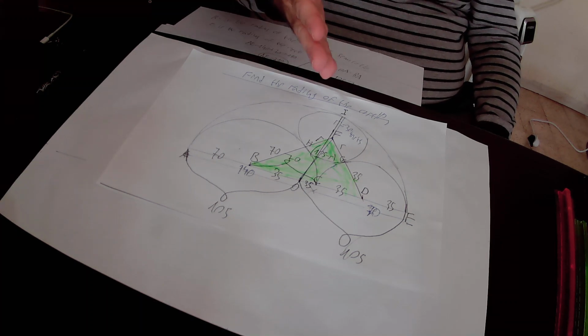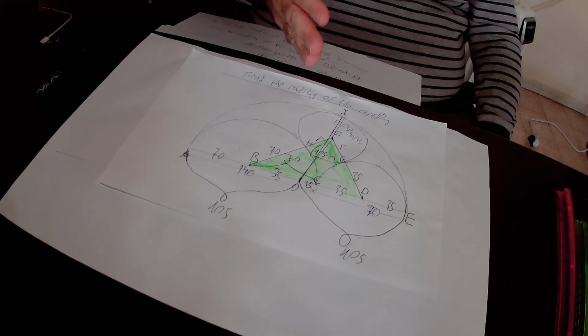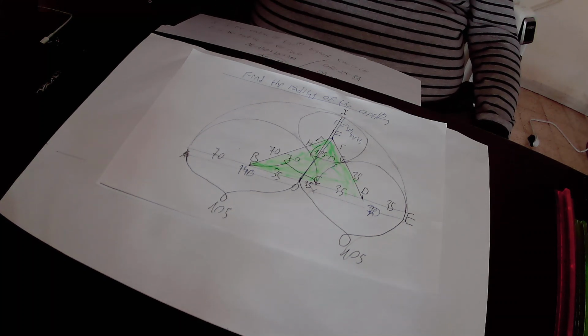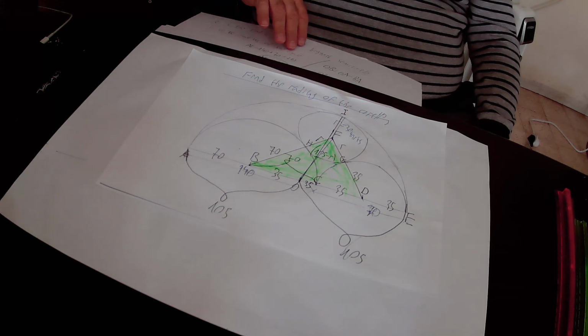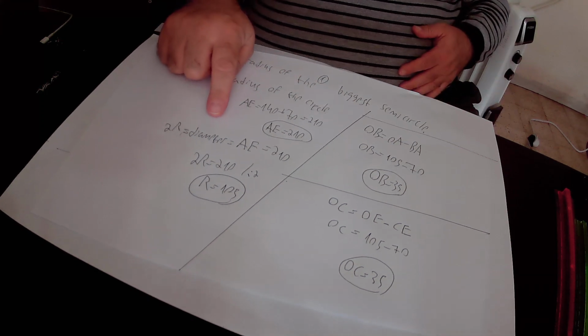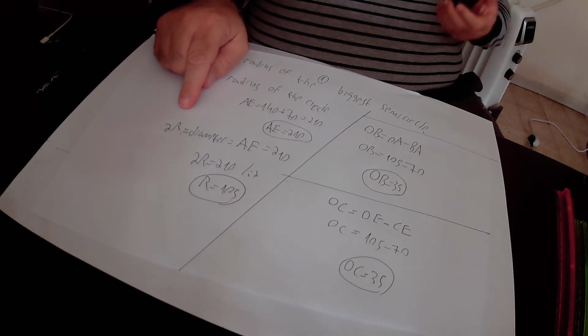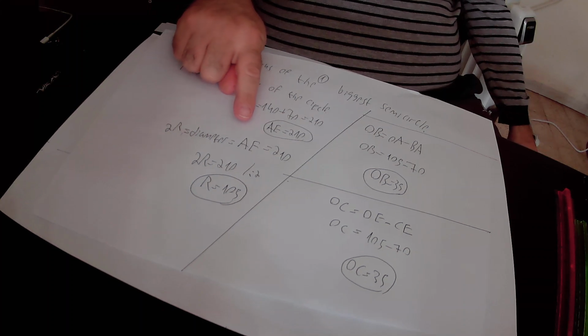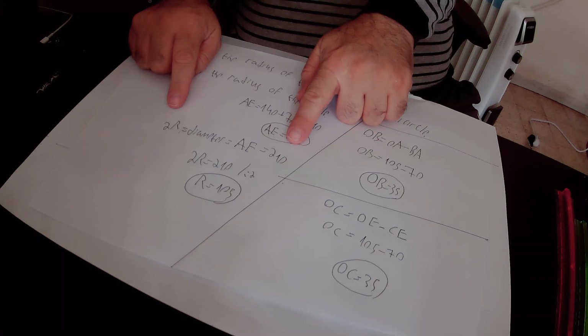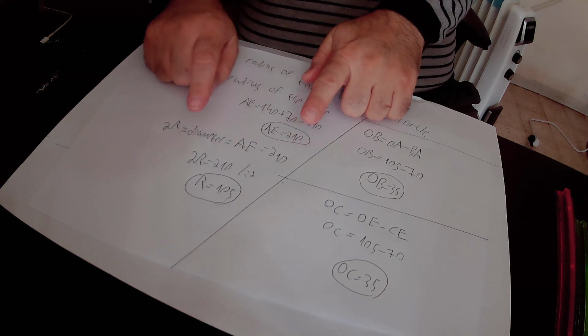We know that the radius of the biggest semicircle equals capital R. Therefore, the diameter must be equal to twice the radius, so the diameter AE must be equal to 2 times capital R. We already found that AE equals 210 units. So 2 times capital R equals 210 units.